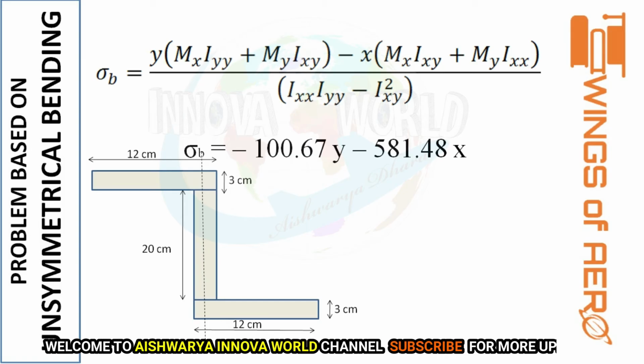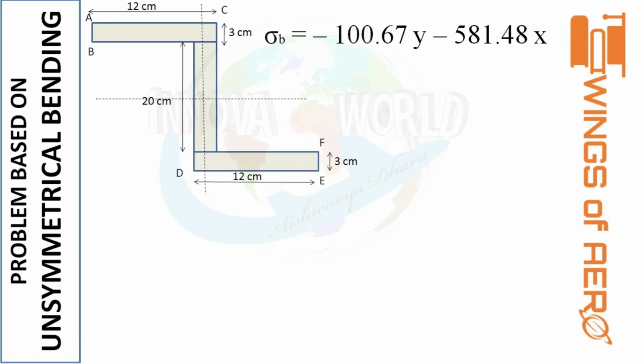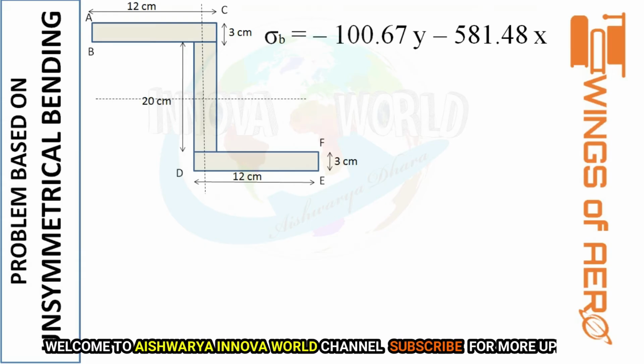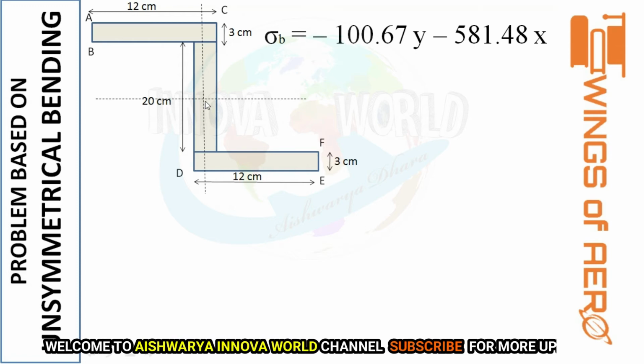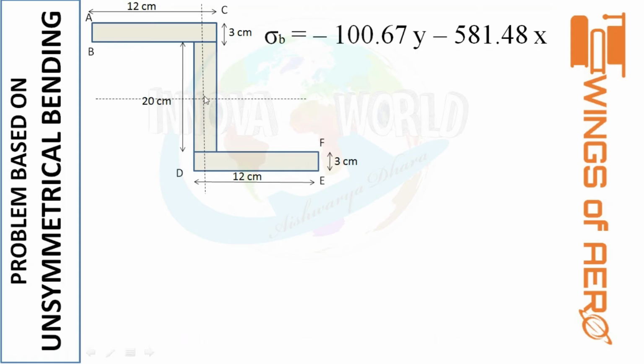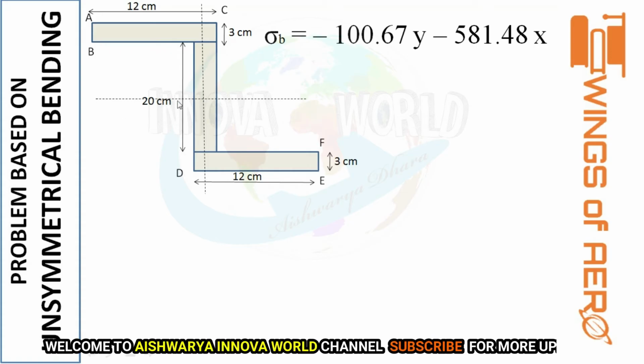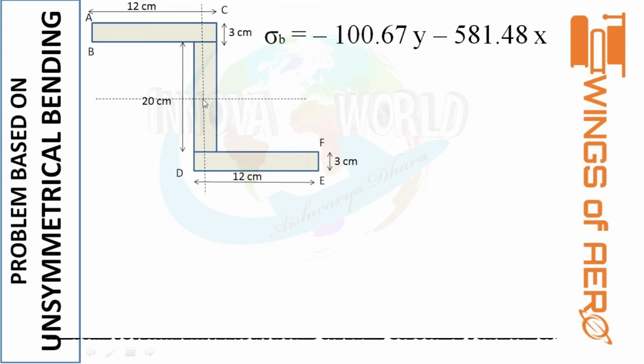Now the next question is, what are x and y? These x and y will be the coordinates. Now consider the centroid as shown here. The centroid will be your origin, that is 0, 0. That means the distance from this point to this point will be 13, and from here to here will be 10.5.